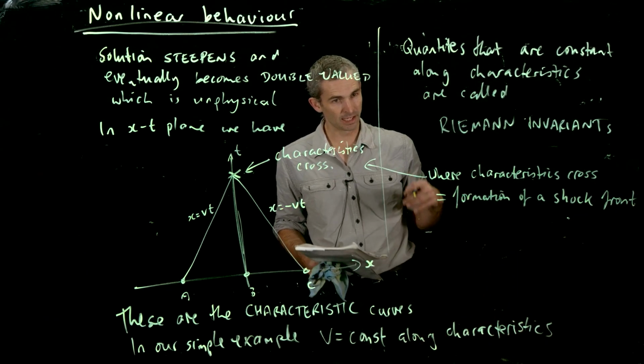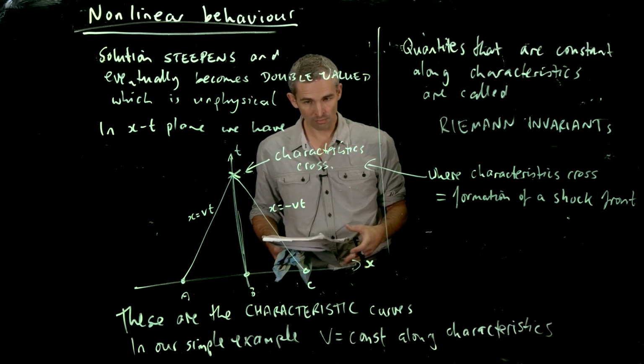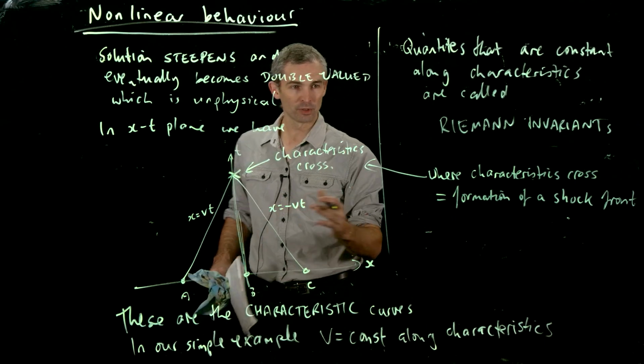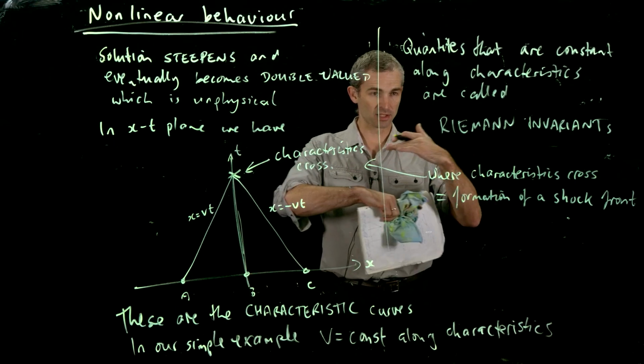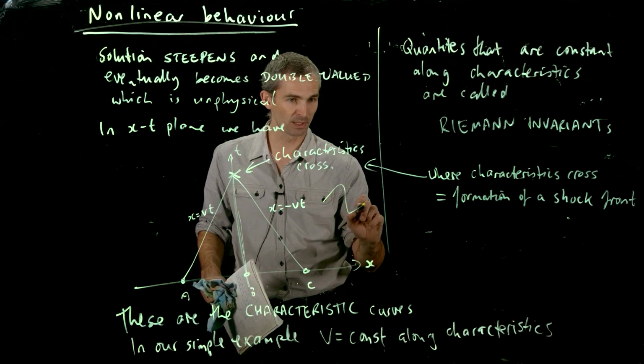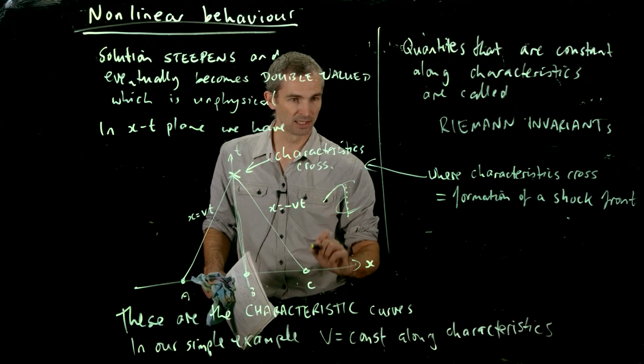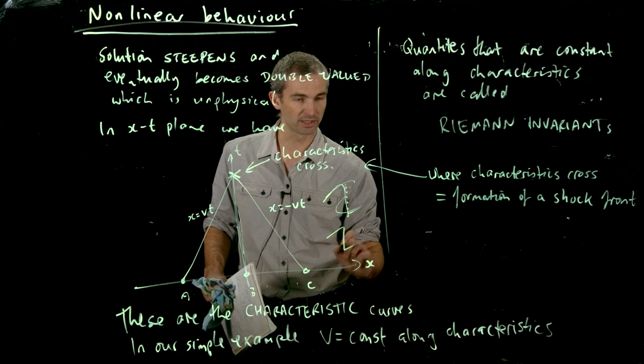Now, that's because in a real fluid, the fluid is not allowed to become double valued. So instead of the wave simply steepening and then becoming double valued, something has to happen here to make this simply become a front.